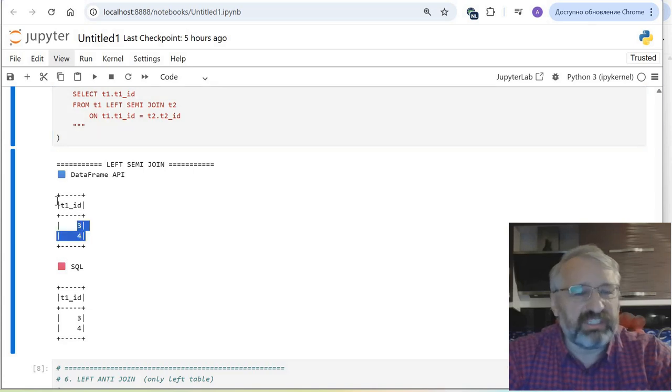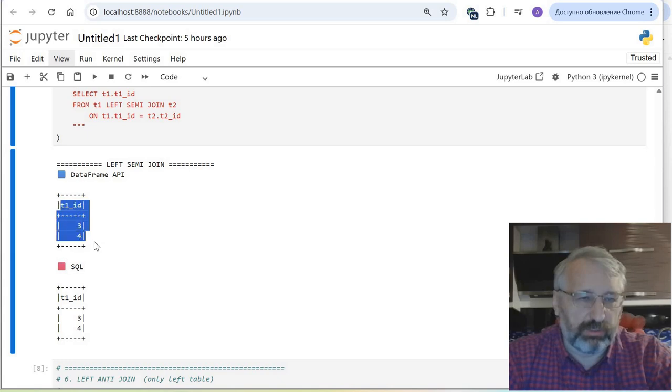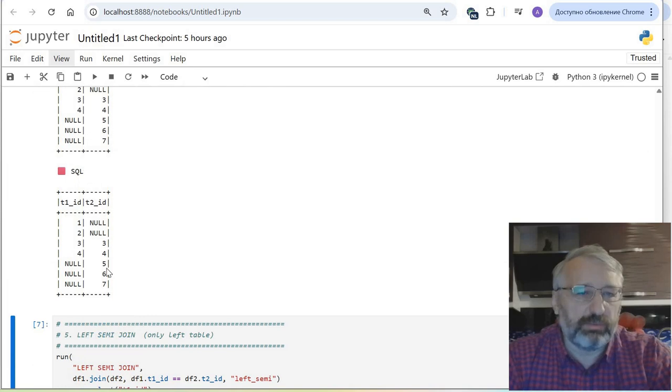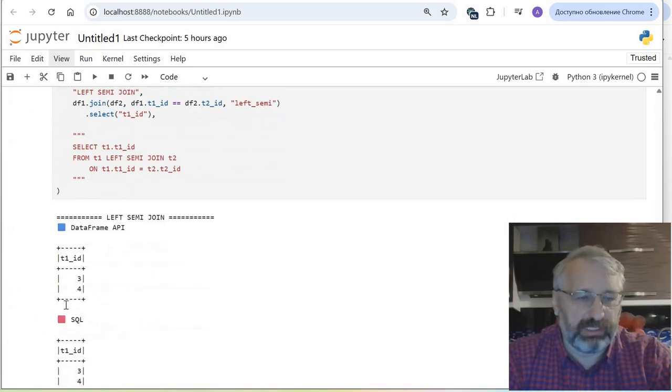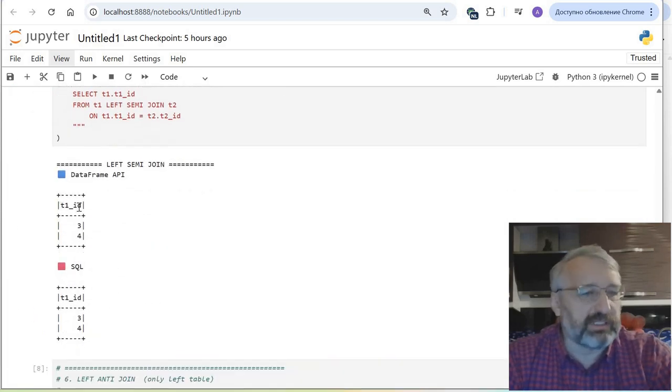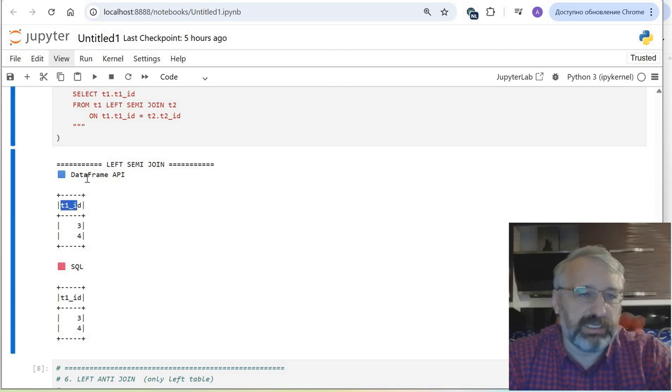This should not be mistaken for inner join: only those rows which did match, and only columns from the first table are selected. So the matching rows were 3 and 4, and only they, and only from the left table T1 ID are selected.